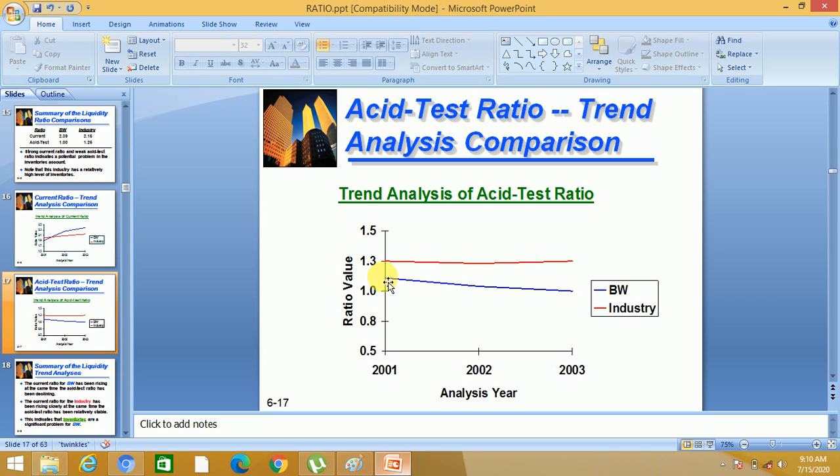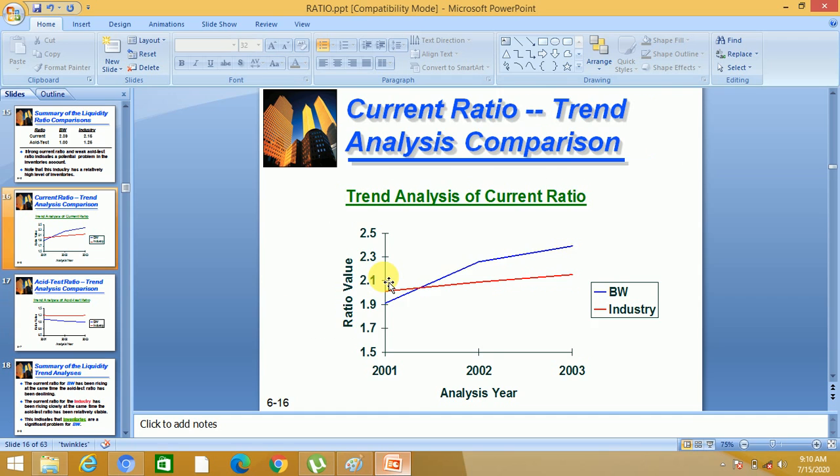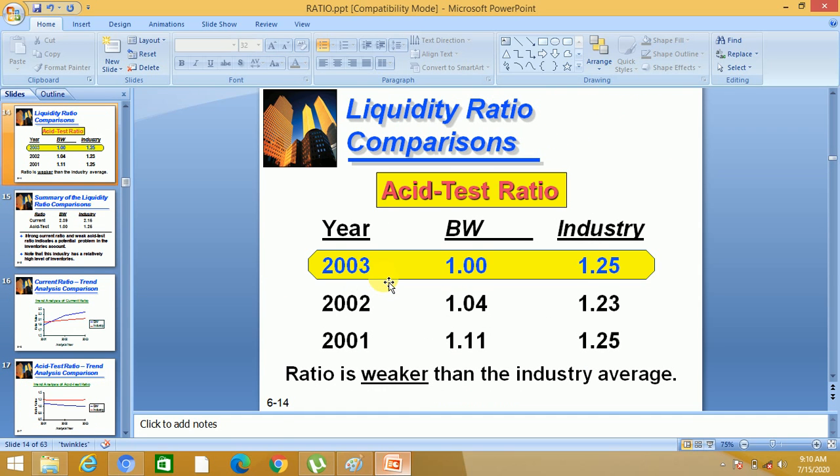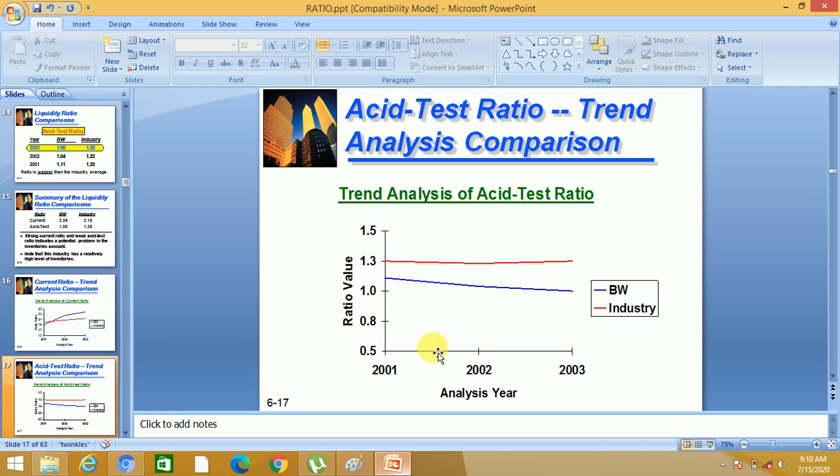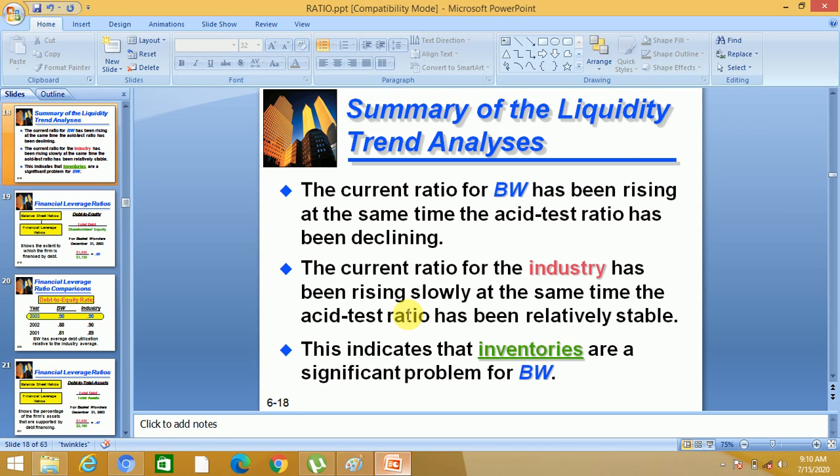So see here, ours was 1.2 at the start. In 2001 it was 1.11, but now it comes further down to 1. See this one, now it is on 1. So we are below industry.